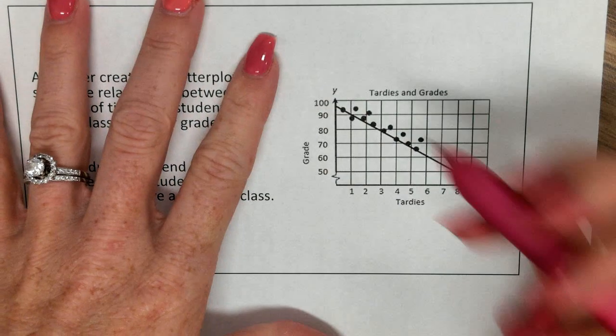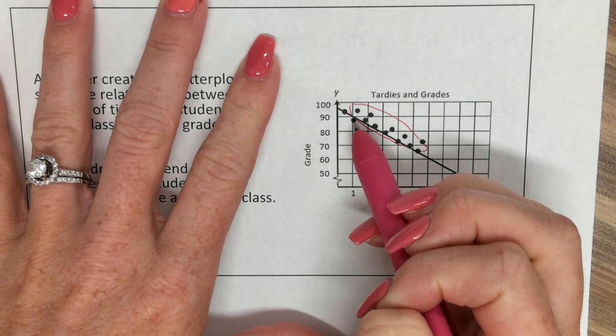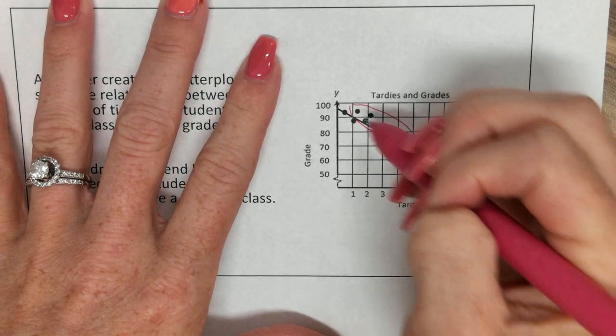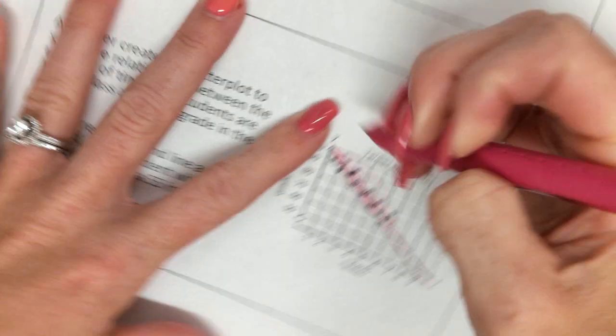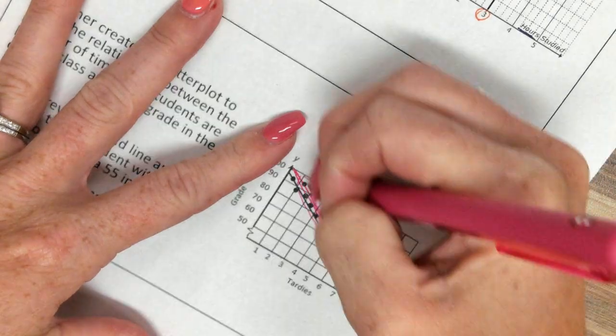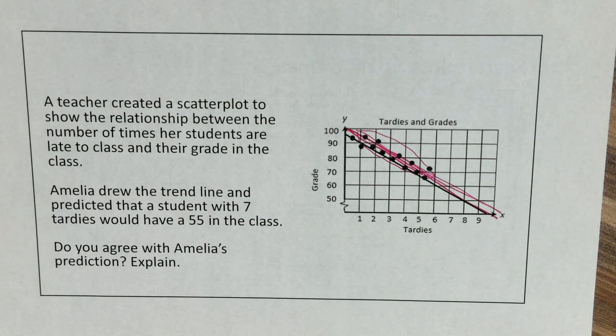There's way too many dots on top of the line, and there's only one below it. So this line should have actually been more like in here. Do y'all see that? Okay, so when you draw your trend line, you actually have to do a good job, or it's not going to help you make a prediction.